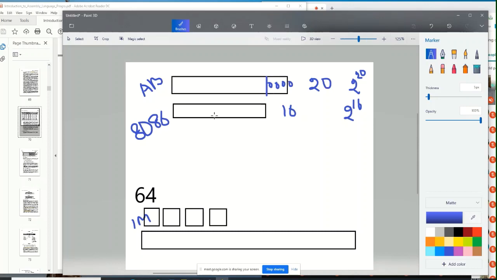That means we have 16 bits of the address, and the rest of the 4 bits will be covered by 4 zeros. That's how we can have many different segments based on how much memory you have. In this case, we have 1 megabyte of memory, each segment is 64 kilobyte long, and although our address bus is 20-bit, the rest of the bits will be filled up by zeros.